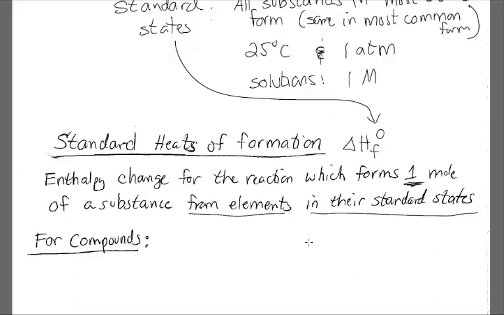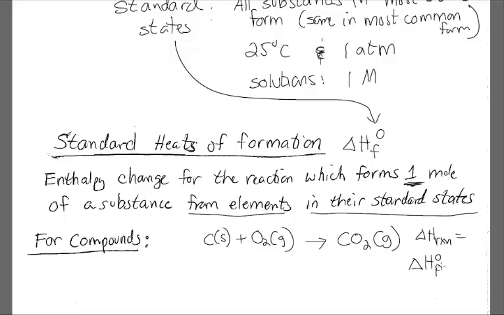If we want to show the heat of formation for carbon dioxide, it is a gas at 25 degrees C and 1 atmosphere. And the elements making carbon dioxide are carbon, which is a solid under standard states, and oxygen, which is a gas under standard states. So the heat of reaction for this reaction is, by definition, the heat of formation of CO2, because it's forming a compound from elements in their standard states.